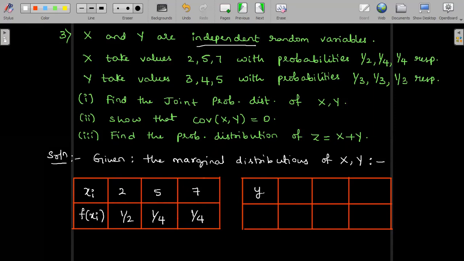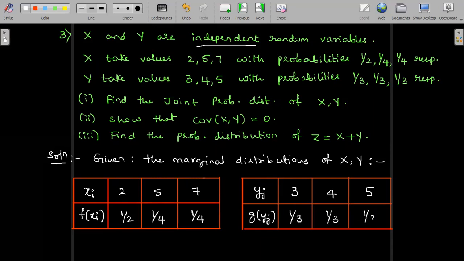Similarly, Y values, which we usually denote by Yj, are 3, 4, 5 and the respective probability, usually denoted by g of Yj, is 1 by 3 each.